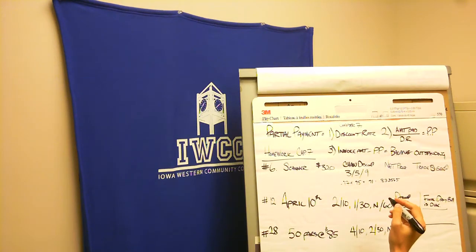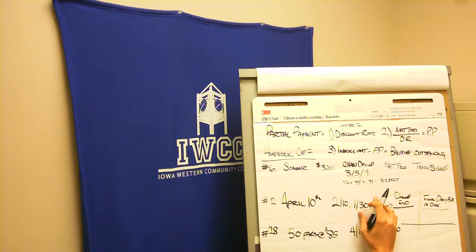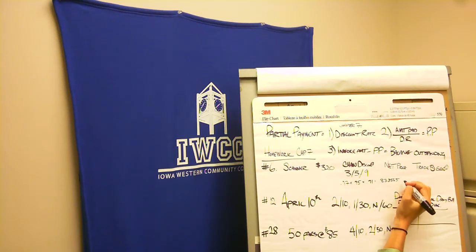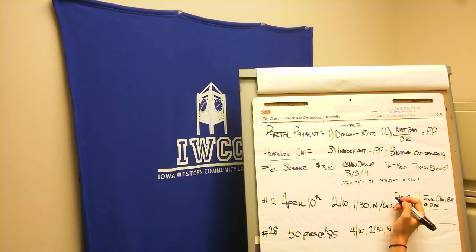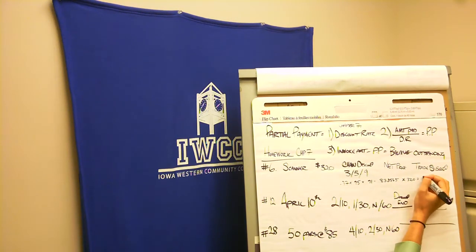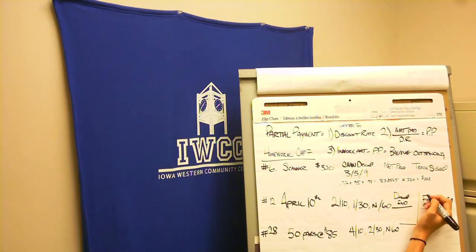Okay, so that's what my net factor is going to be, because I didn't use the discount numbers, I used basically the complement of that. So if I times that by 320, I get my price of $268.34.